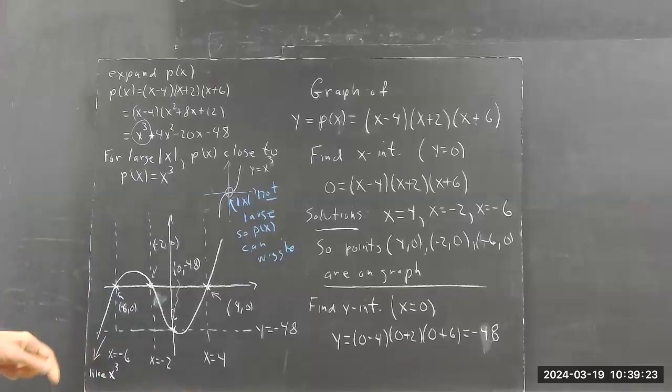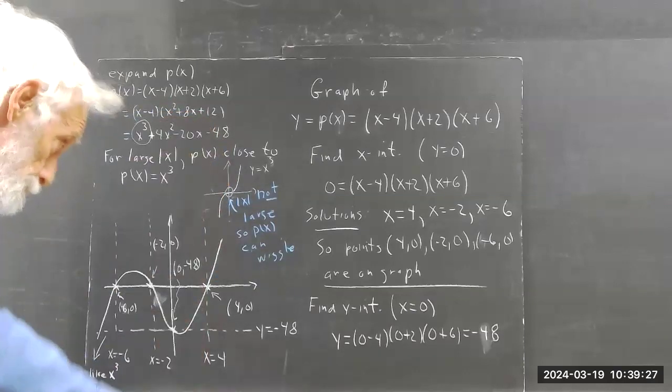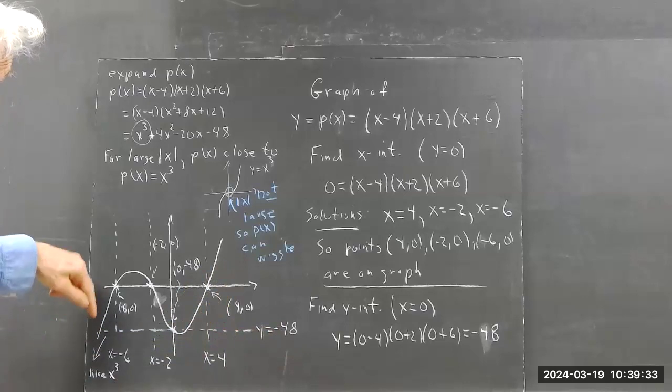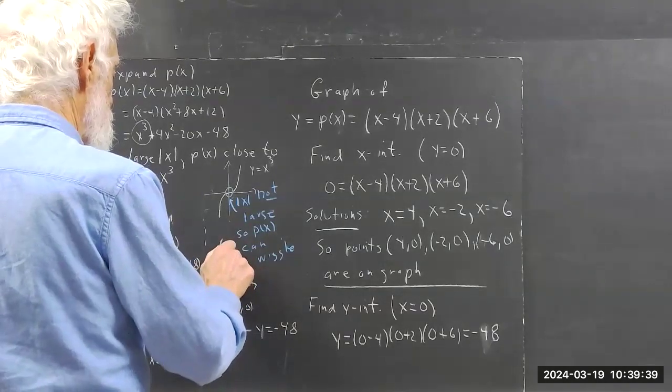the values act like X cubed, because what's X cubed do? It goes way down. It just takes off downward, right? It's really steep, really fast. So it does that over here and over here.